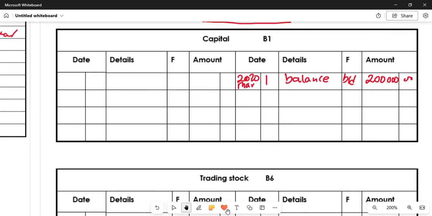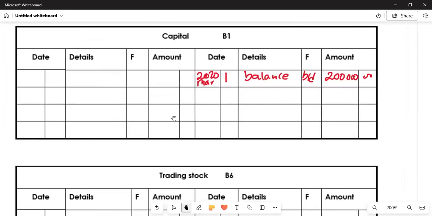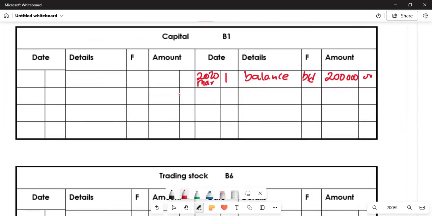So here we are under capital, whereby now we need to record the 30,000 additional capital, as the owner increased that on the second March. We're going to write bank.